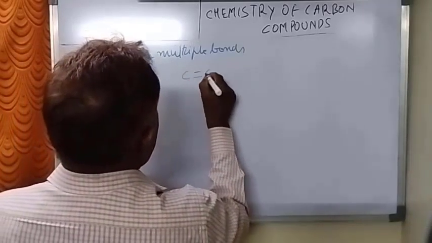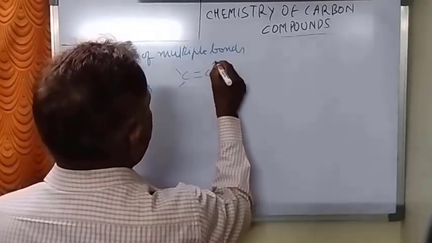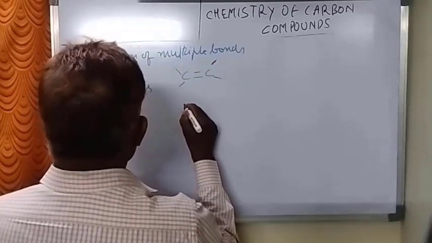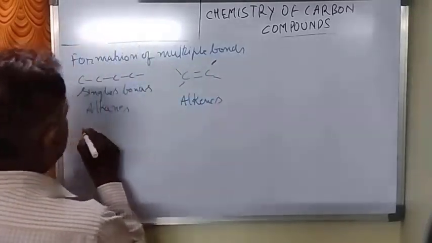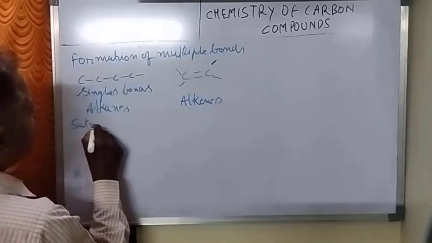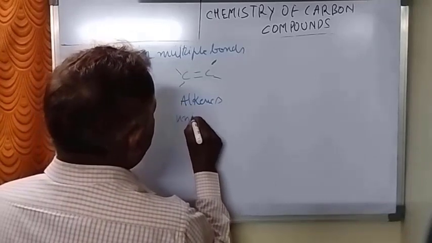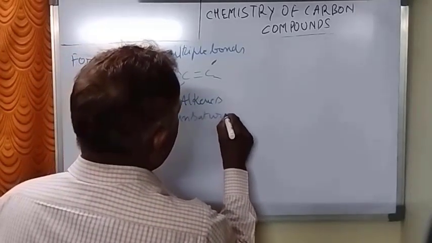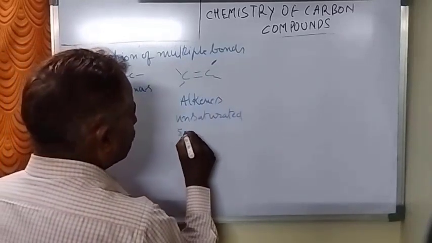If a double bond is present between any two carbon atoms, these compounds are called alkenes. Alkanes are saturated hydrocarbons and alkenes are unsaturated hydrocarbons. And this particular substance is ethylene.